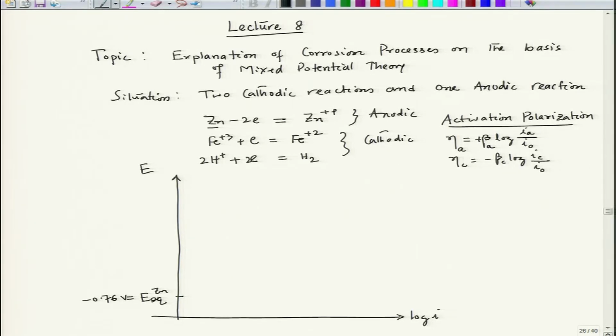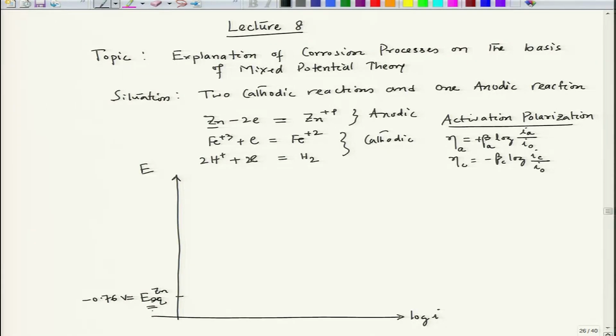Even if the zinc ion content decreases, that means if we do not keep the concentration as 1, because when you are inserting zinc into the solution the concentration of zinc ion in the beginning will not reach 1, it will be less than that. So, this equilibrium potential would be further down if it is not unit concentration. Anyhow, this is completely an assumption, this is the potential.